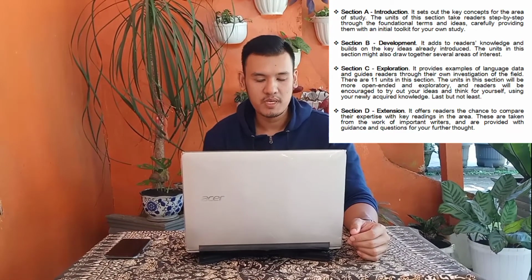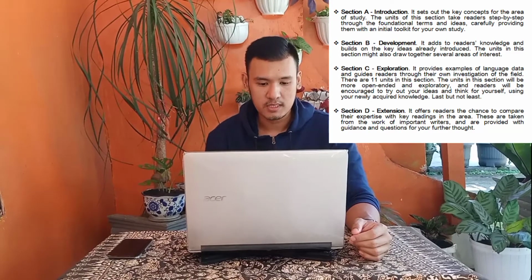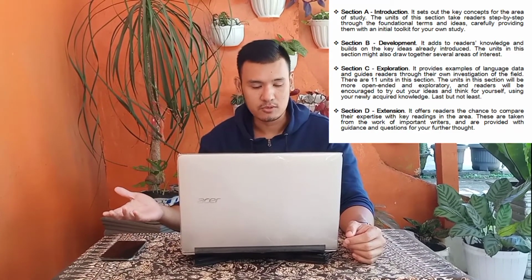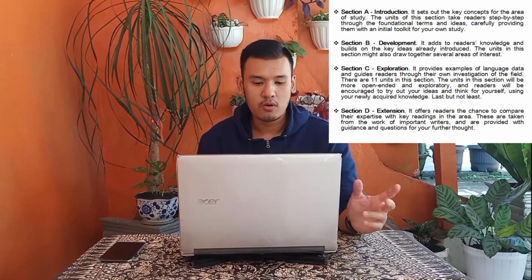And then section B is Development. It adds to readers' knowledge and builds on the key ideas which have already been introduced in the previous sections. And then section C, Exploration. It provides examples of language data and guides readers through their own investigation of the field within the book.